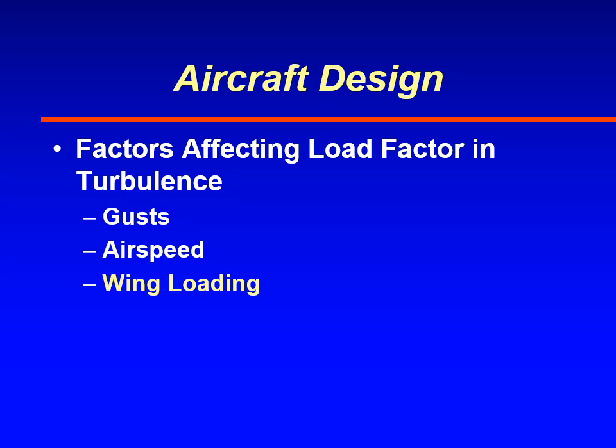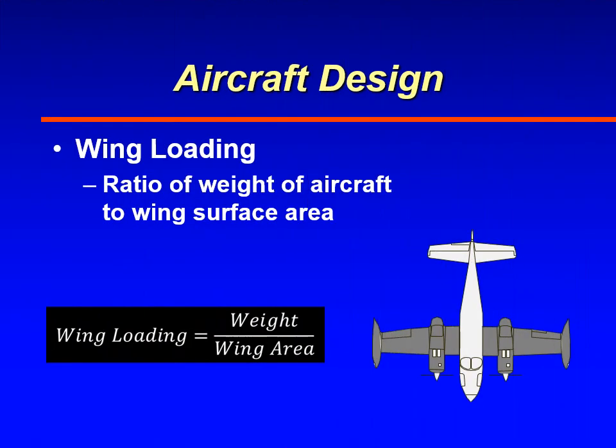Finally, the other factor that affects how an airplane feels turbulence is wing loading. Wing loading is simply the weight of the aircraft divided by the wing surface area. In other words, each square foot of wing is supporting a certain amount of weight, or pounds of aircraft.